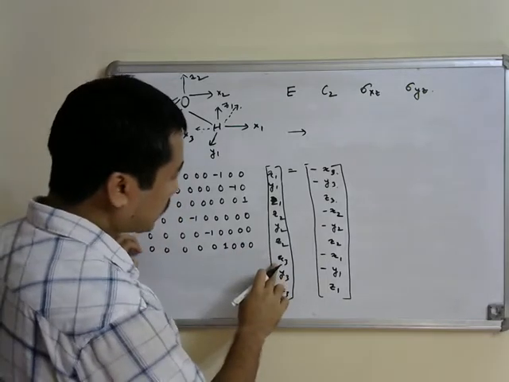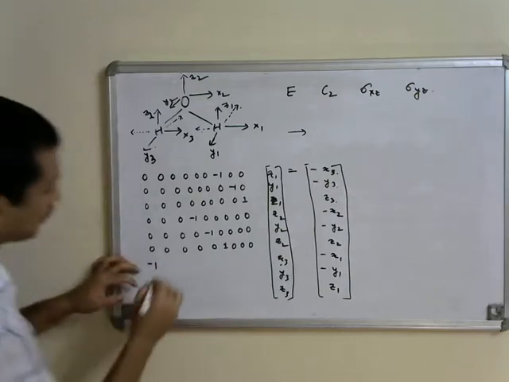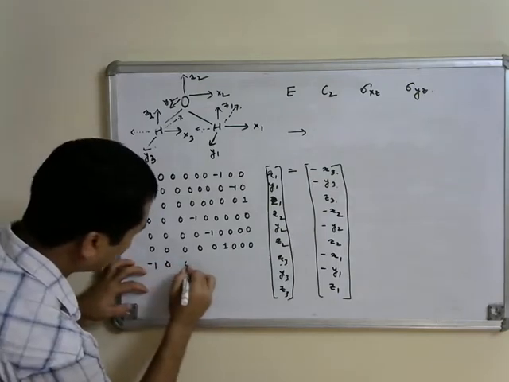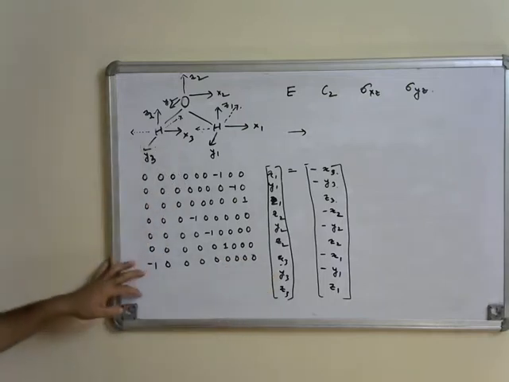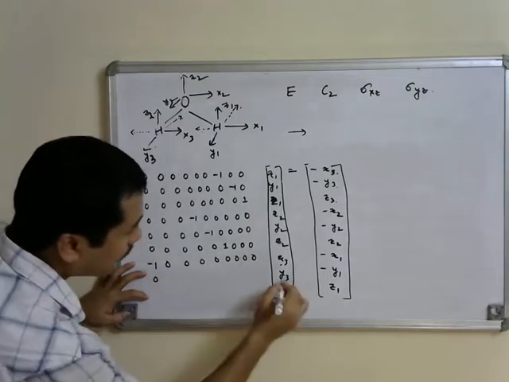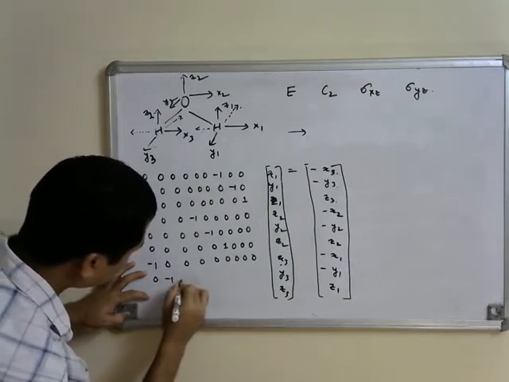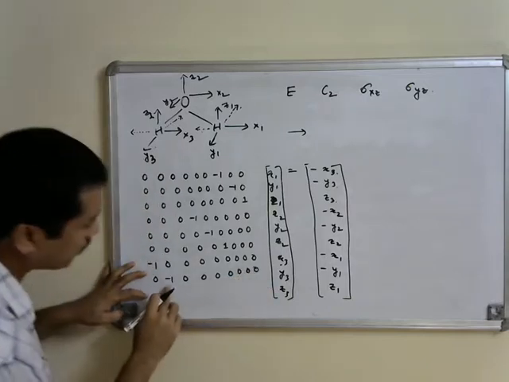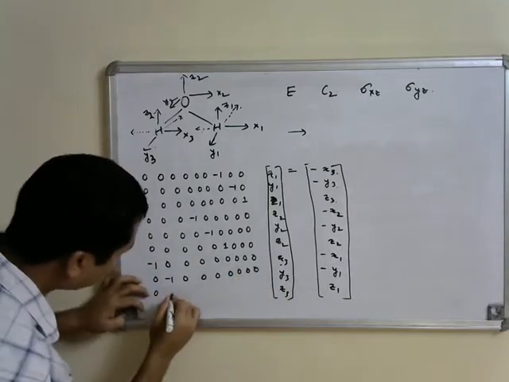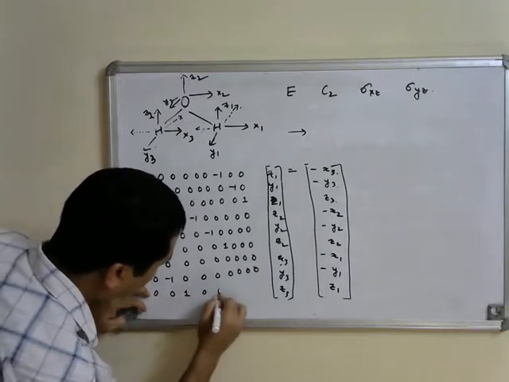And x3 goes to minus x1, so to get minus x1, we have to write minus 1. y3 goes to minus y1, so this number is going to be equal to minus 1, 0, 0, and this is plus z1, so plus 1 over here.